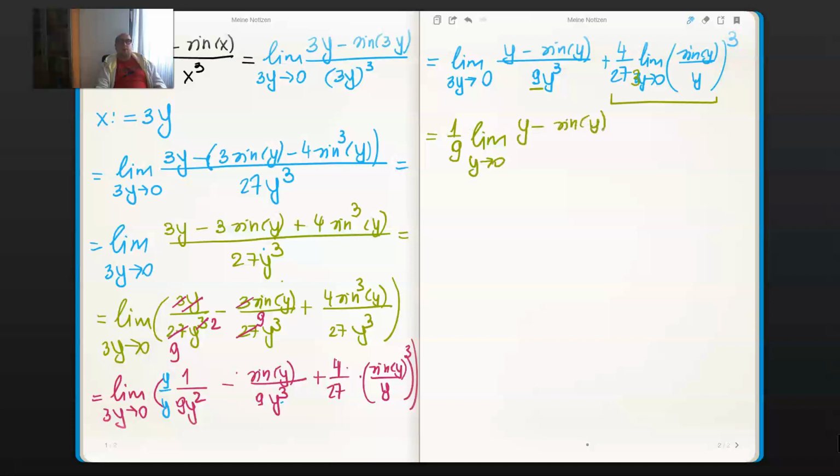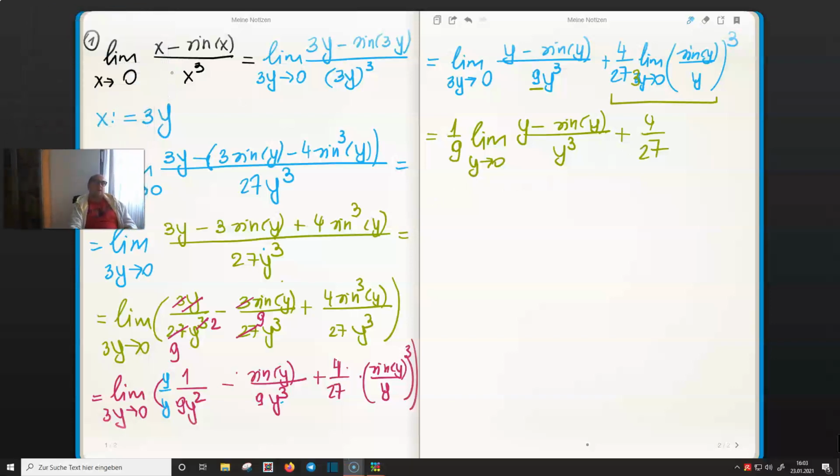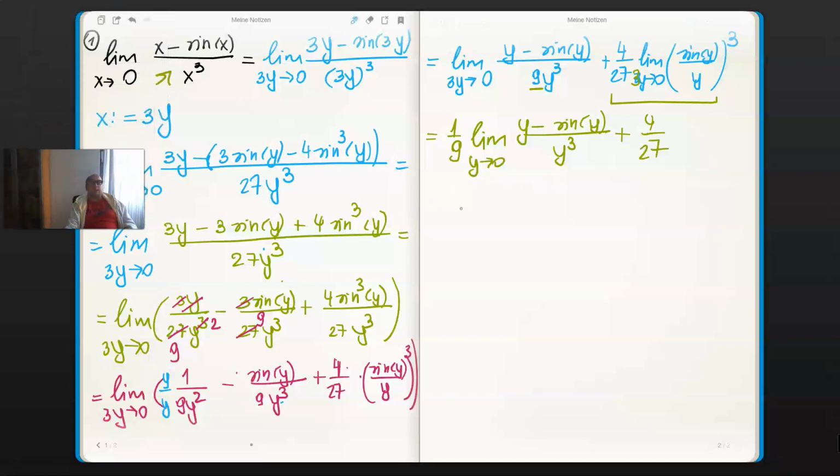Y minus sine of y divided over y cubed, and now plus 4 divided by 27, because this is 1, and 1 cubed is still 1. So now look at this. If I consider the limit that I started with and the limit that I'm working with here, they're kind of the same.